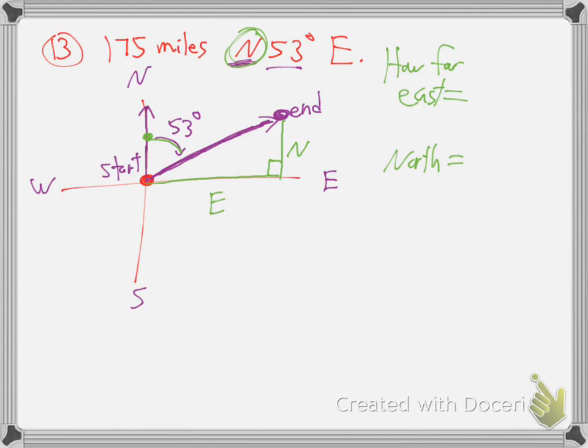How are we gonna find this angle here? 90 minus, right? Yeah. So 90 minus 53 is, was it 37? So this one is 37 degrees.